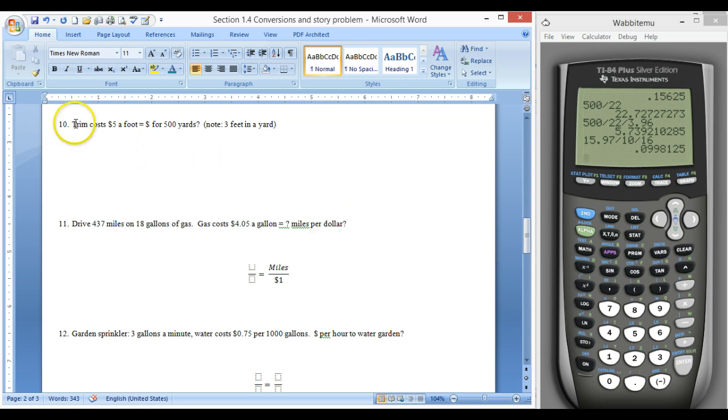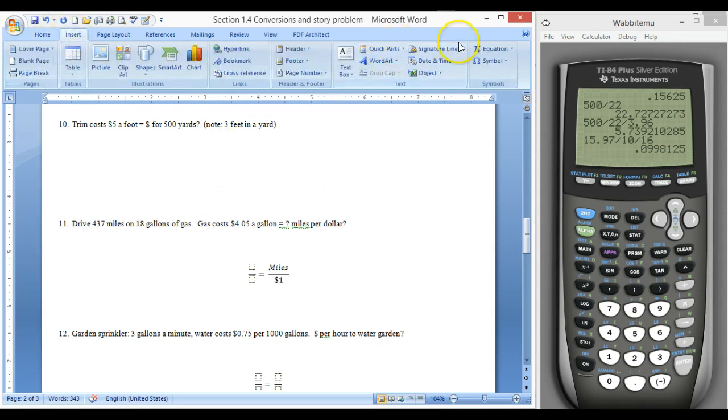We want to know if trim costs $5 a foot, how many dollars would it cost for 500 yards for the whole construction project? And just as a note, especially for those of you who are out of country, there are 3 feet in a yard. Okay, so I didn't set anything up yet so that we could go through it.